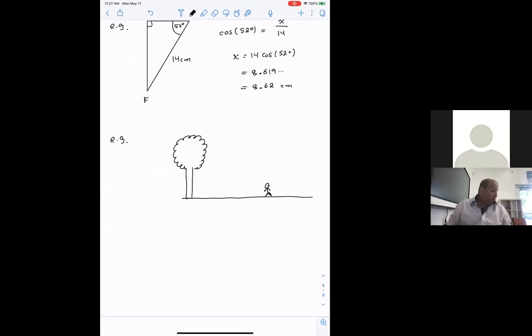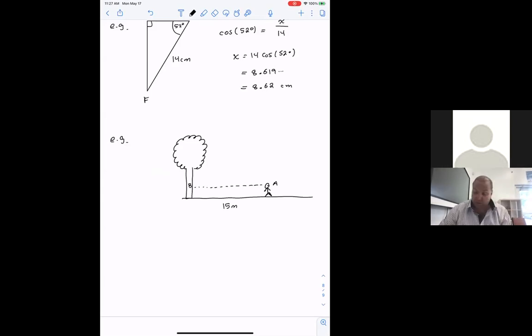She measures her distance from the tree as AB equals 15 meters. Now, the picture in the book has this as A, and this point here is B. And it draws a horizontal line from her eye to the tree.